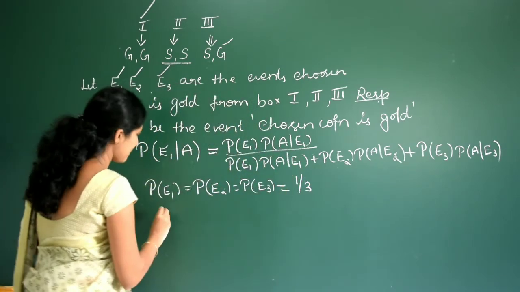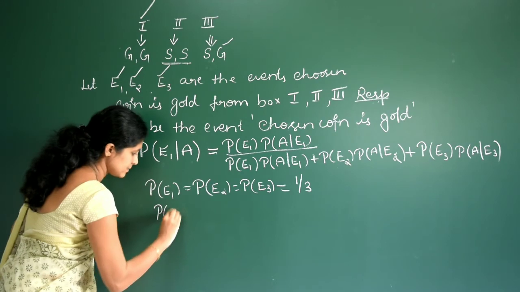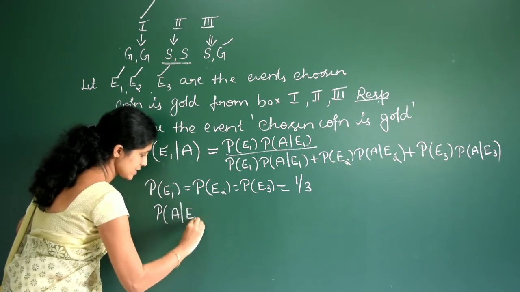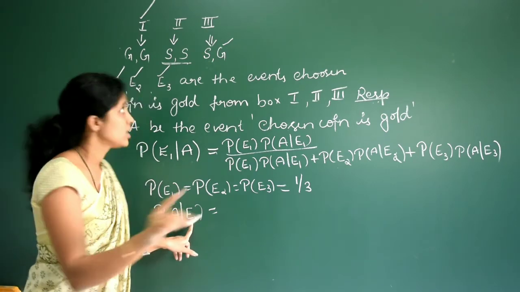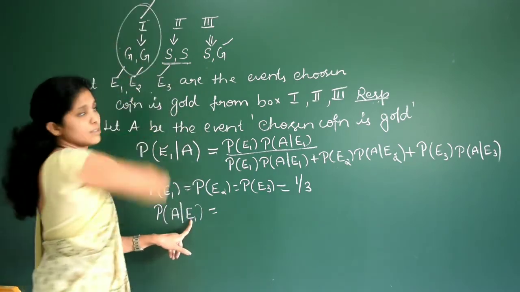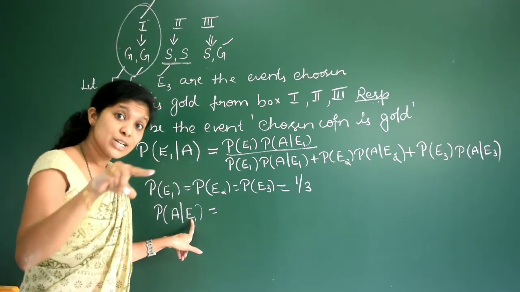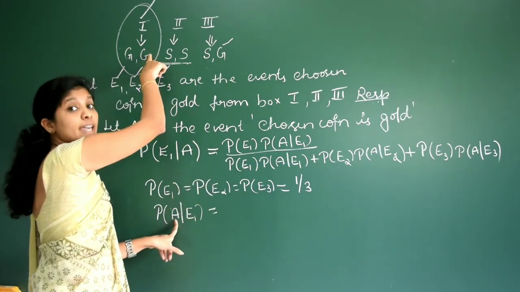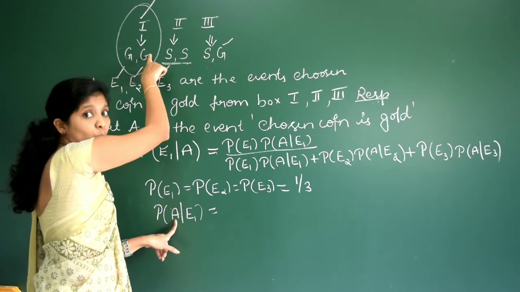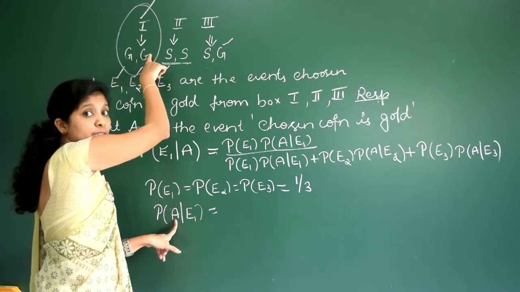Now we will find probability of A given E1. Try to understand this. It is given that it should be from bag 1. So this is bag 1, right? And it should be a gold coin. What is the probability of choosing a gold coin?